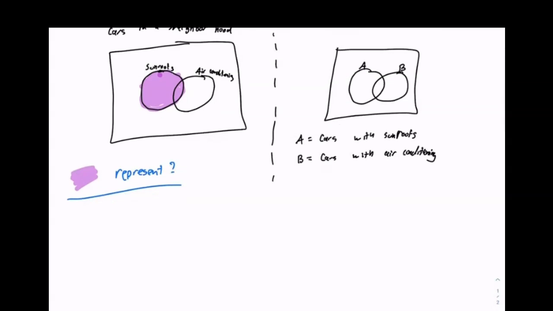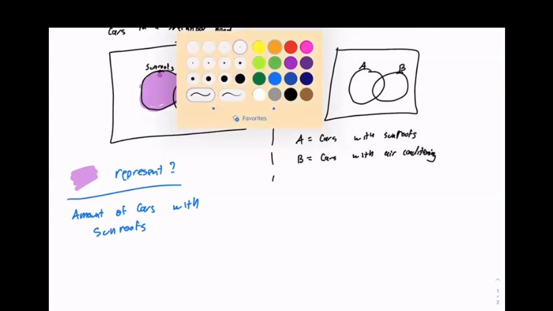So what does the shaded area represent? Amount of cars with sunroofs. Okay, and I haven't put the numbers in there, but there will be numbers in there. Good.